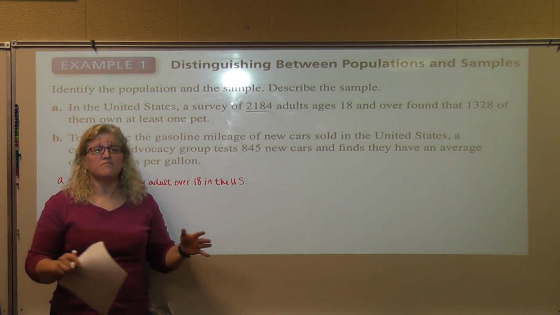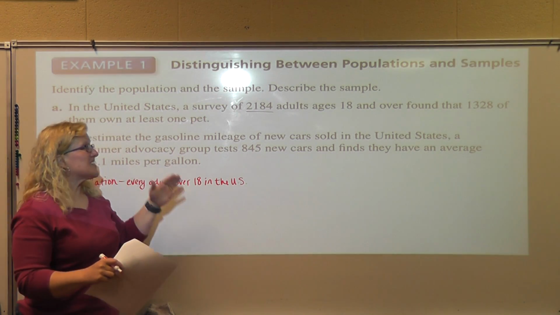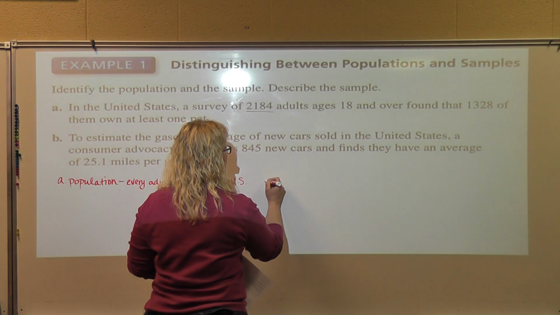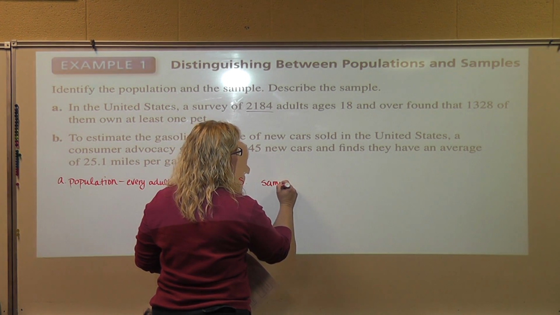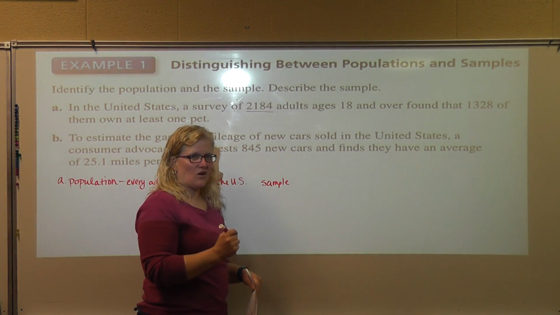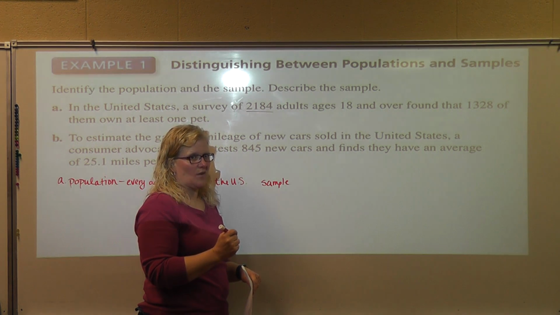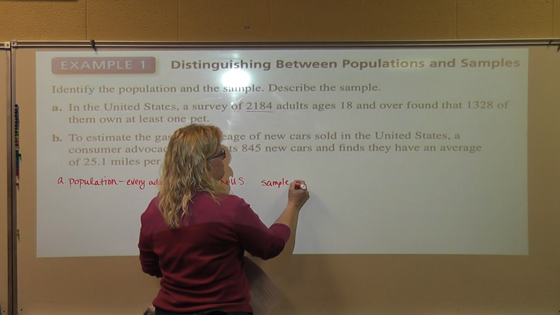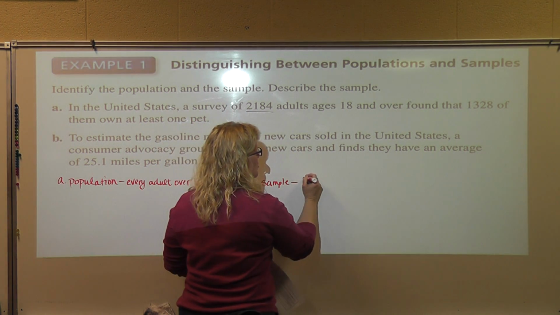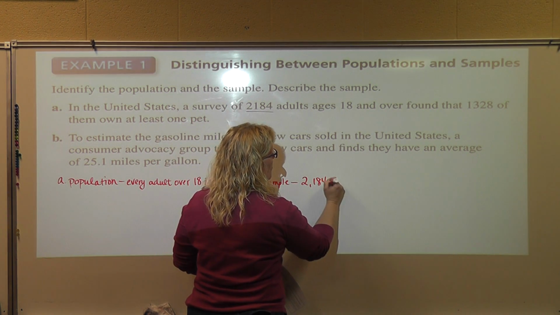That is who we're dealing with. Okay, but the sample, because do you really think they'd be able to get a hold of every single adult in the U.S.? No. So you have to take a sample, and our sample is 2,184 people.